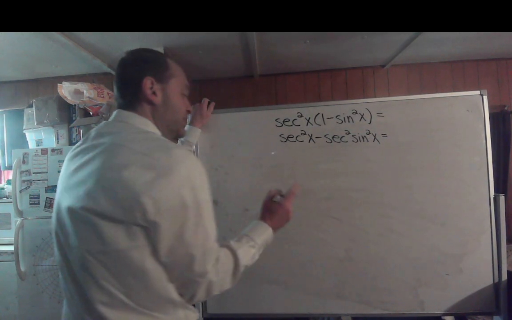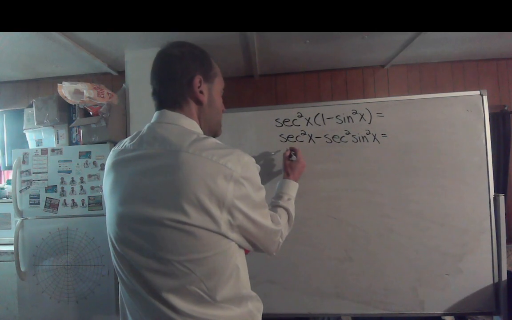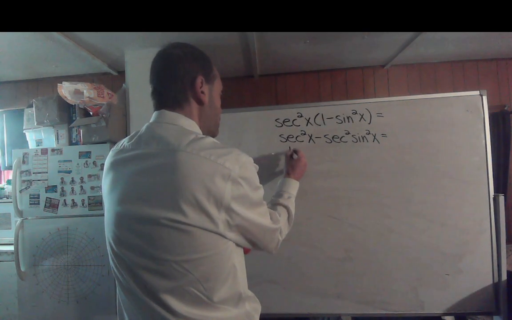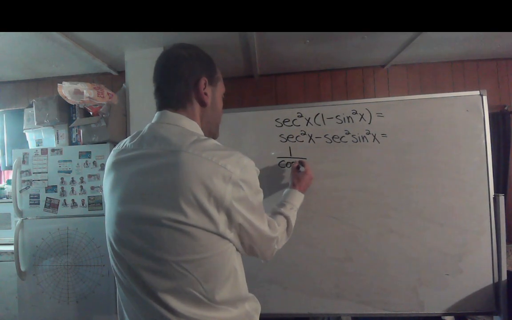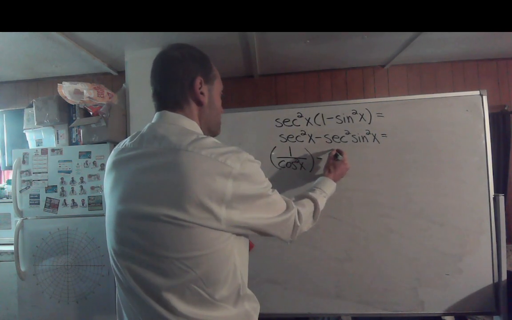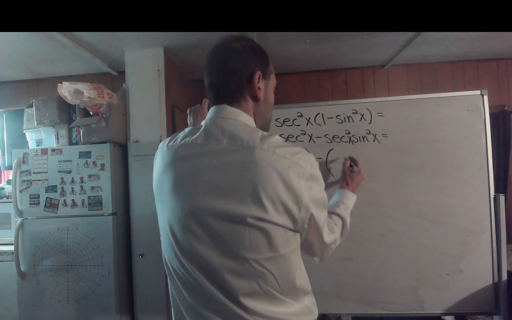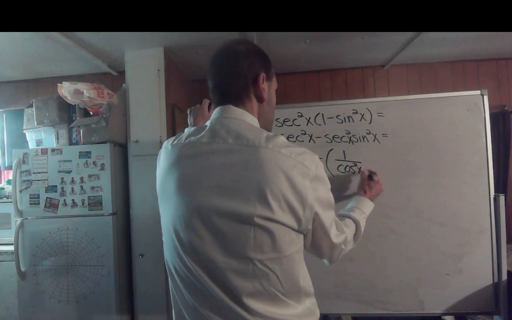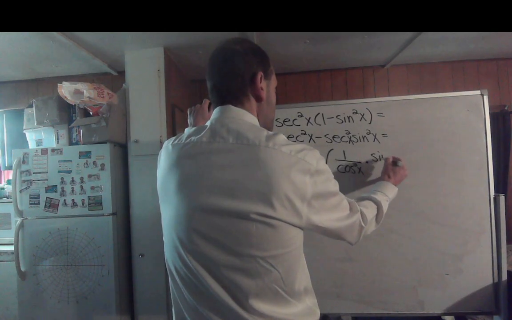Well, what do we get then? Secant squared of x is going to be, of course, 1 over the cosine squared of x. Then let's deal with the second term. Minus, now your secant squared of x is going to be 1 over the cosine squared of x times your sine squared of x.